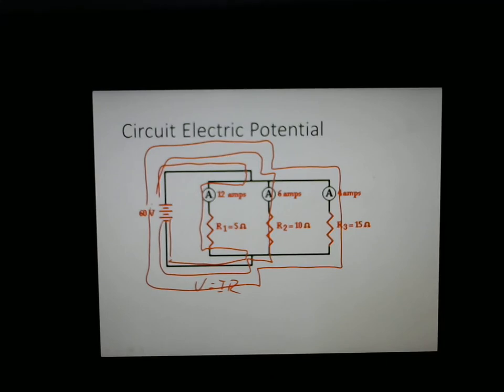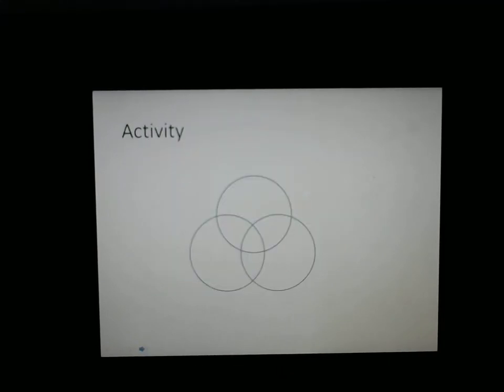Okay, let's have a quick pause for an activity. I've given you 3 terms: electric potential energy, electric potential, and potential difference. Now, all 3 of them are pretty similar, so it's easy to make mistakes. I want you to use the 3-way Venn diagram I've got down there to sort out similarities and differences.